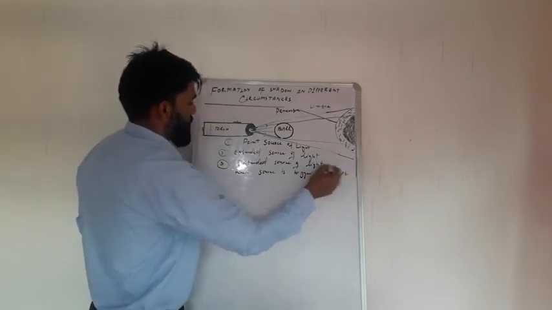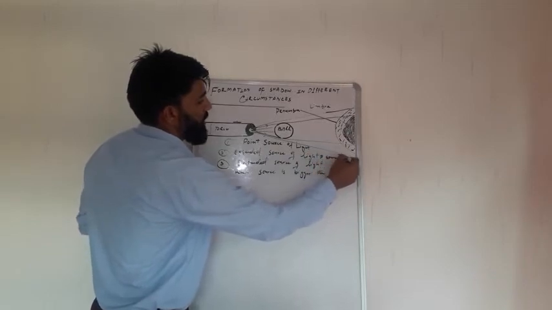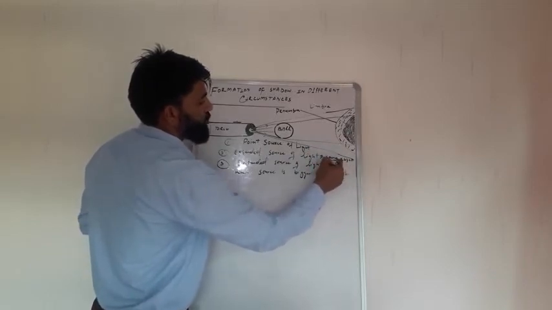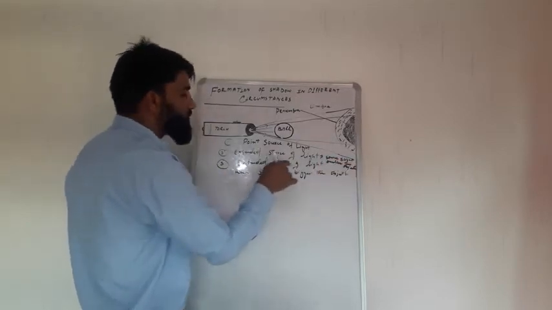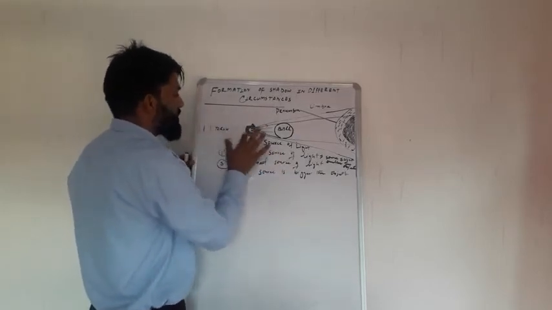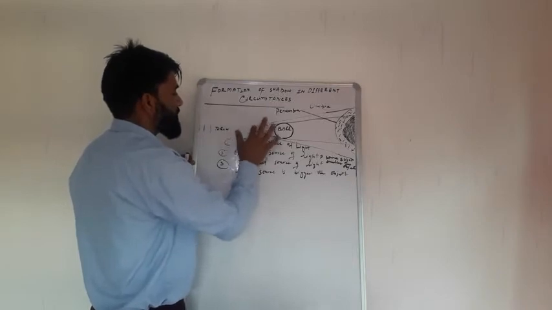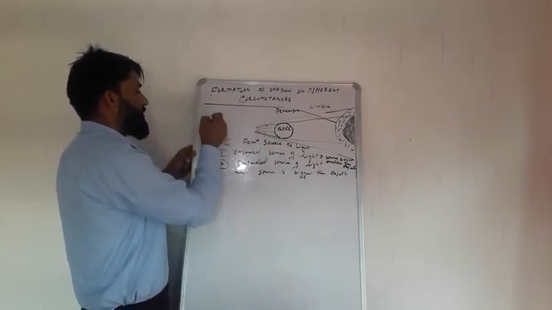Here the source of light was smaller than the object. Now in the third case, the source of light is bigger than that of the object. Now I will draw this diagram again.